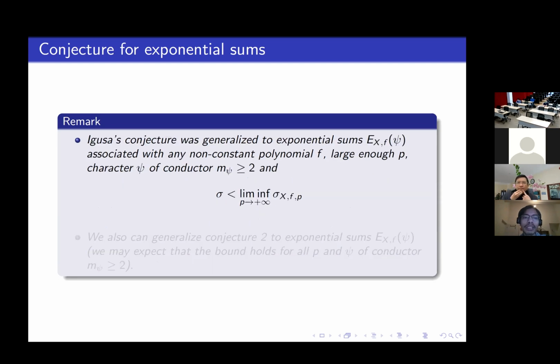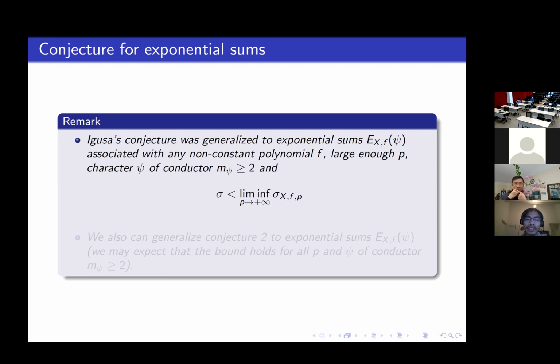The second remark is that Igusa's conjecture was generalized to the exponential sum E_f(psi) associated with any non-constant polynomial f. It means that we can remove the homogeneity condition on f, for all large enough primes p, and all characters psi of conductor m(psi) at least 2.